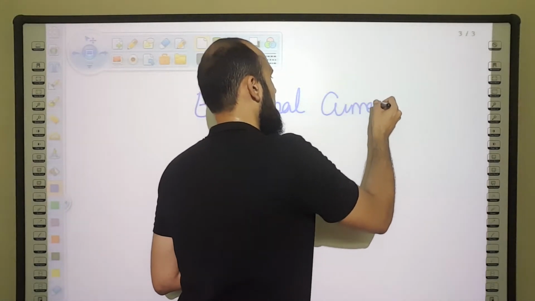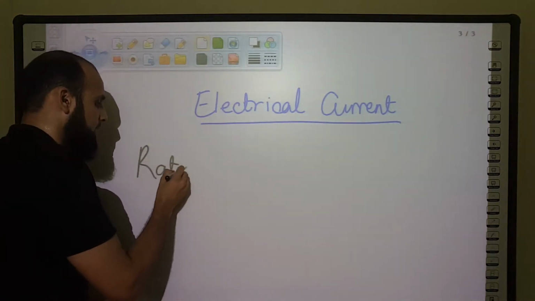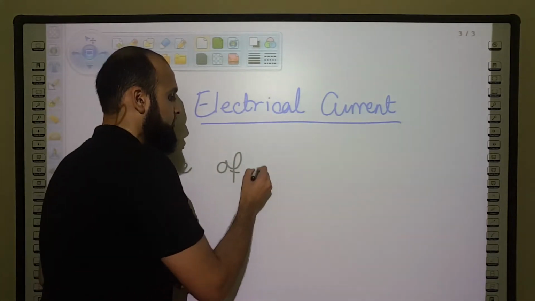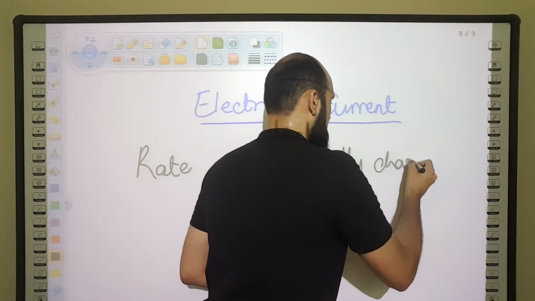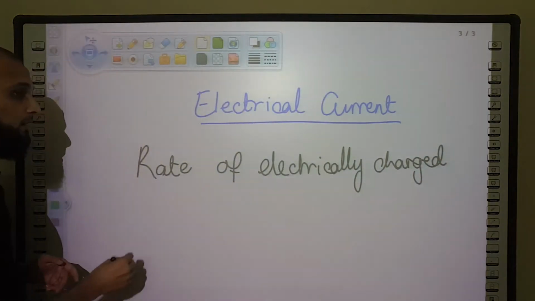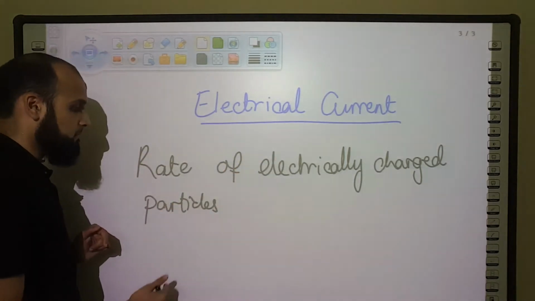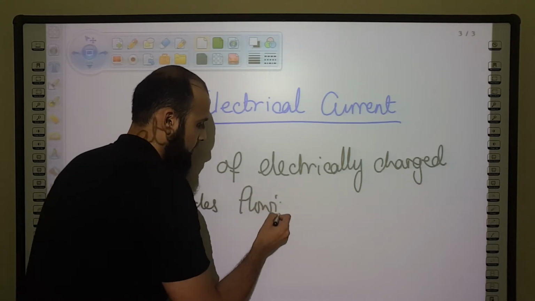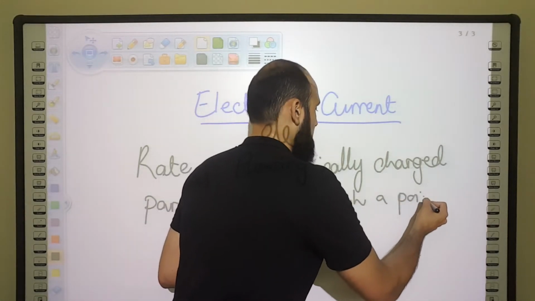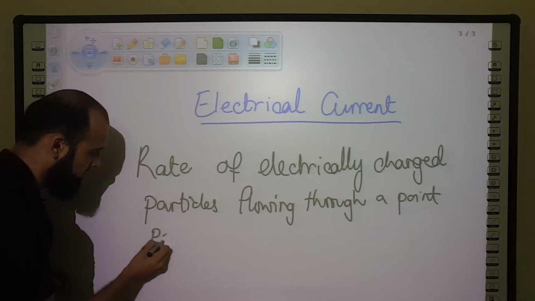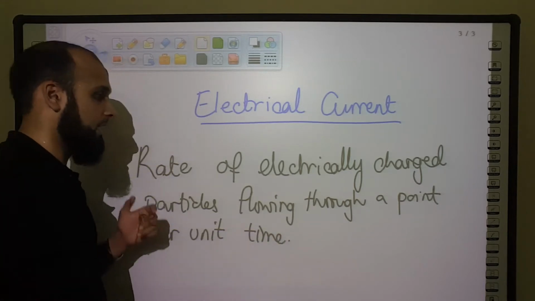So electrical current refers to the rate, meaning how fast, of electrically charged particles flowing through a point per unit time, which of course is just the second, right?